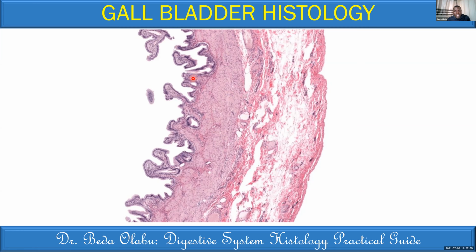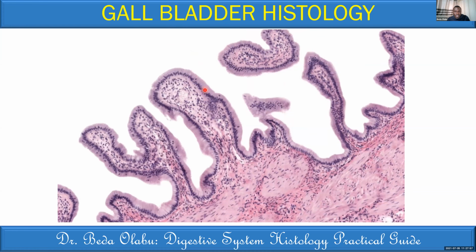Importantly, the mucosa of the gallbladder is highly folded, as you can see, to allow for stretch when the gallbladder is filled with bile. But again, increasing the surface area over which bile concentration can occur.